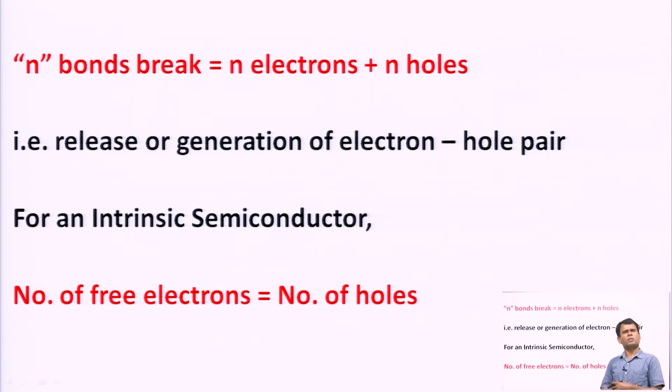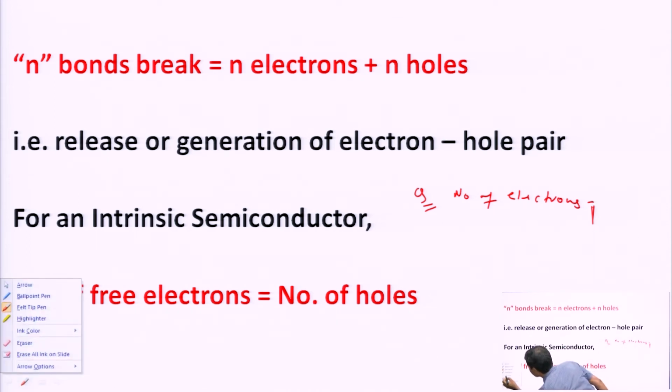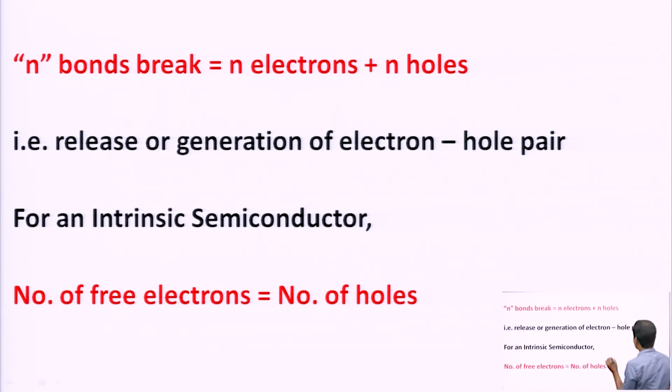A question may be asked in the examination for 2 marks. Suppose the number of electrons is equal to 10 raised to the power 4, then the number of holes is equal to what?